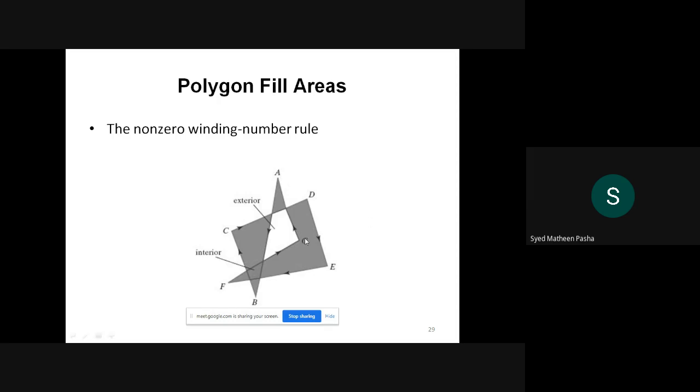Once you get the winding number, you will initialize it to 0, and then I will imagine a line drawn from some position P to some particular axis beyond the extent of that object. Similar to the odd even rule, you will start drawing a line with respect to some axis, so that you'll get the coordinates of that object.